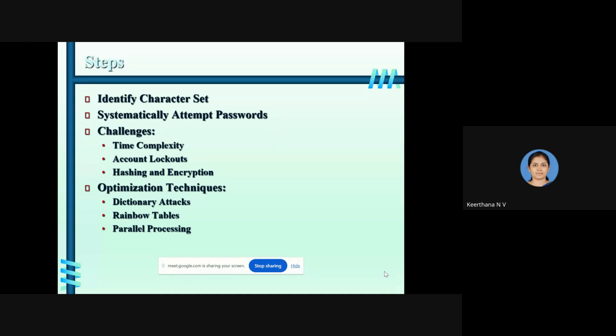The alphabet has 26 letters, so he can attempt combinations of those 26 letters. So the total combinations will be 26 power 4. From the hacker's point of view, these are automatic systems, so those combinations will be attempted by the systems, and they will find your password faster. The second thing is systematically attempting the passwords.